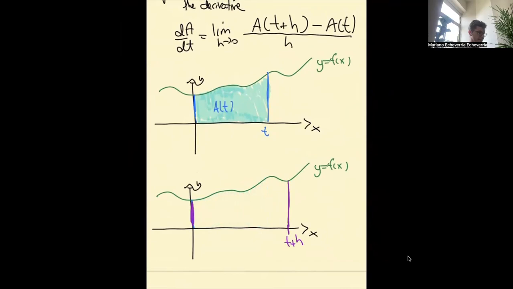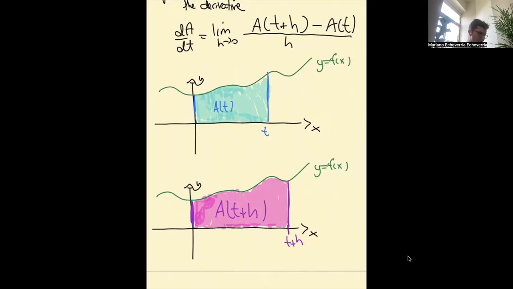And A of t plus h is here, the area from 0 to t plus h. Is that making sense? Are those two pictures realistic?